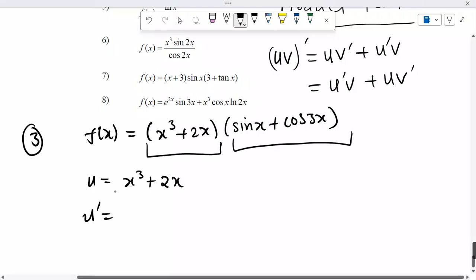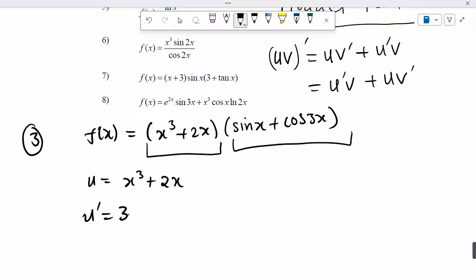So u prime, you just drop down. Now you know we've been doing this for a long time. You drop down the 3, then 3 minus 1, which is 2. No need to write a minus. And the power of x is 1, so it will be just 2. Okay, you need to be getting used to it. v equals sine x plus cos 3x.